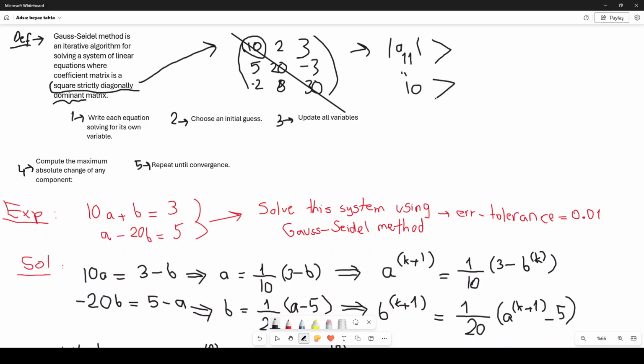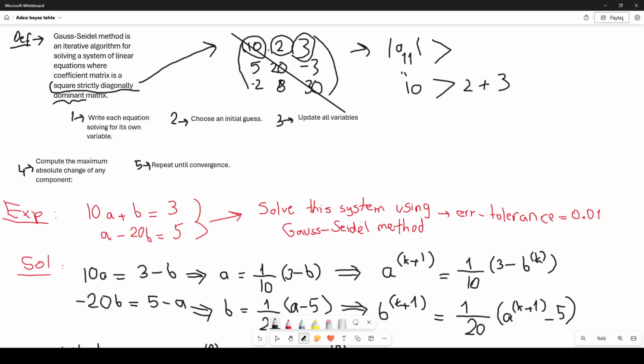So this means 10 must be strictly greater than the sum of the other values, and we also take the absolute value. Since these are positive values, I didn't need to take absolute values, but just let you know about that. So I check to see whether or not this diagonal entry is strictly greater than the sum of the other values in the same row.